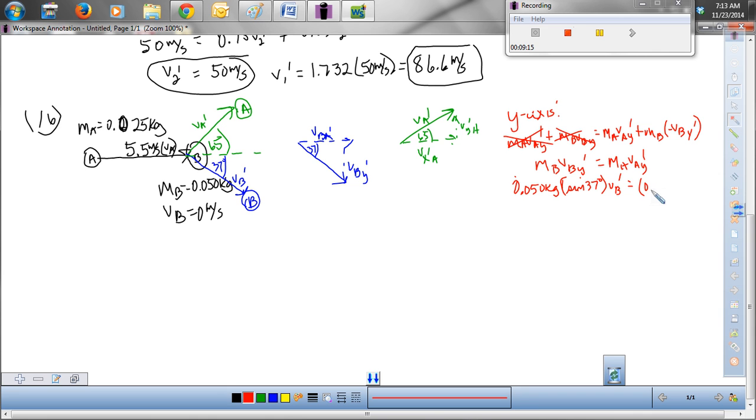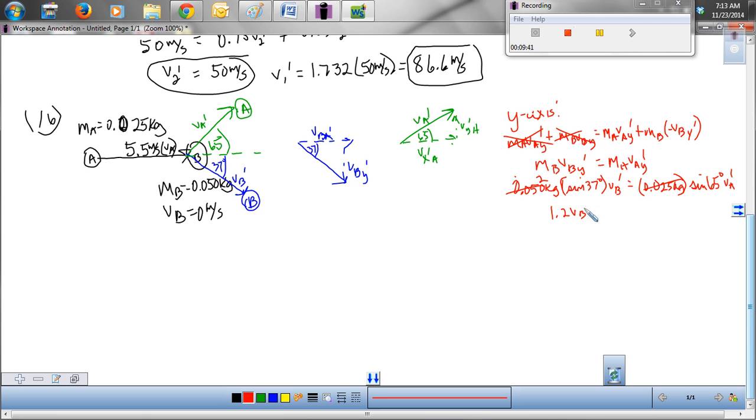This one is 0.025, and this is going to be the sine of 65. Alright, so this will cancel and make that a 2. The sine of 37 is 0.6. 0.6 times 2 is 1.2.